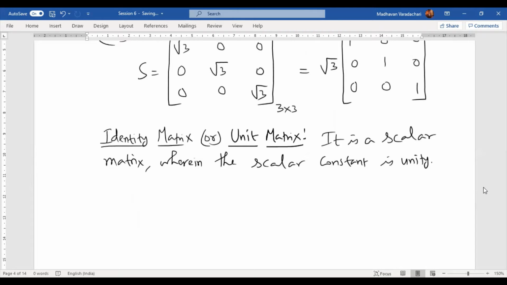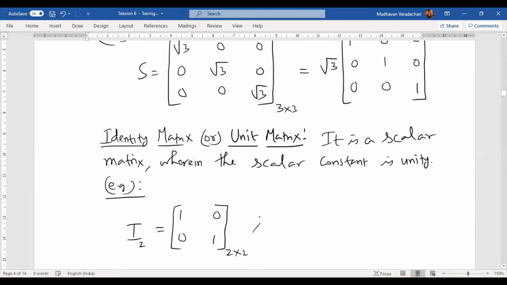Example, suppose I am drawing an identity matrix of order 2 by 2, we simply write I2. I2 is nothing but 1, 0, 0, 1. You may notice the principal diagonal elements are unity, all 1 only.